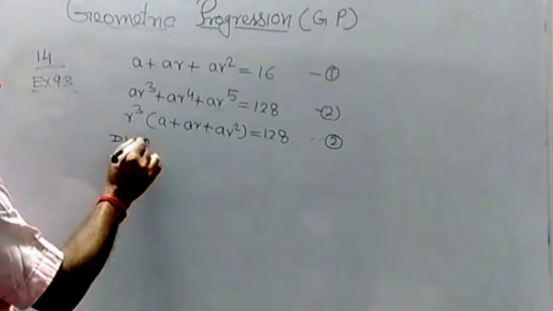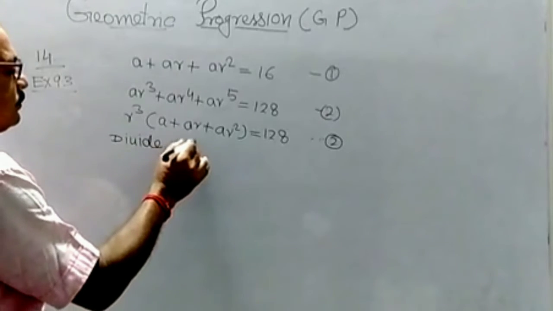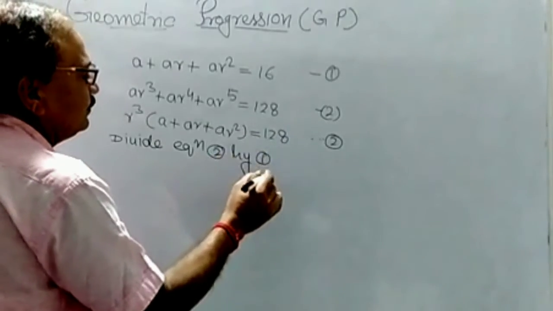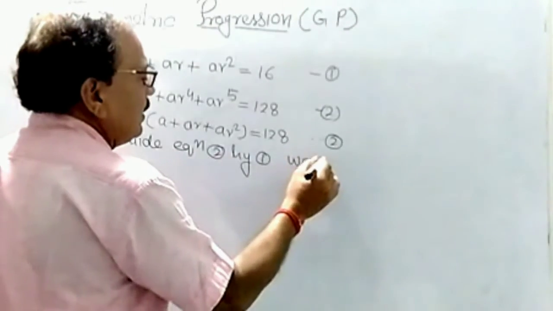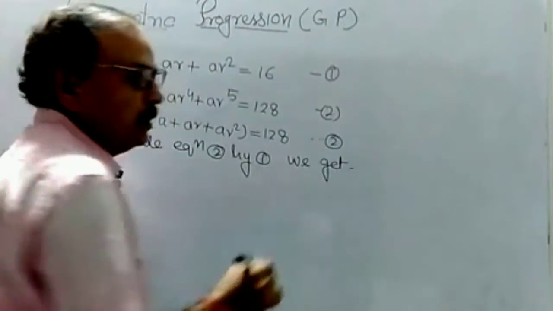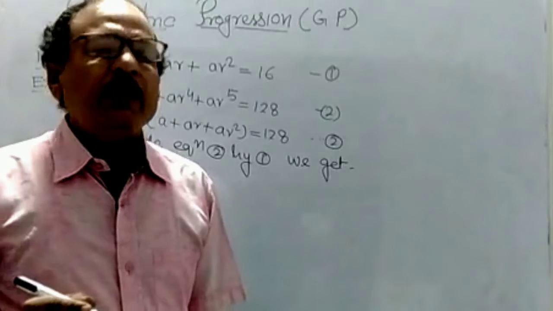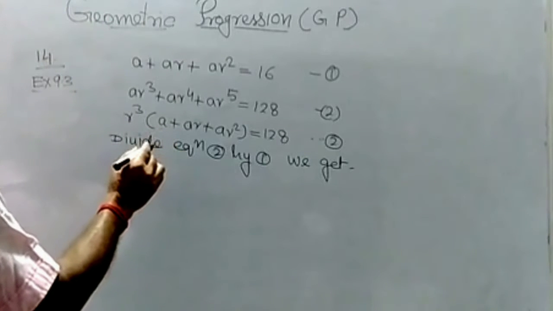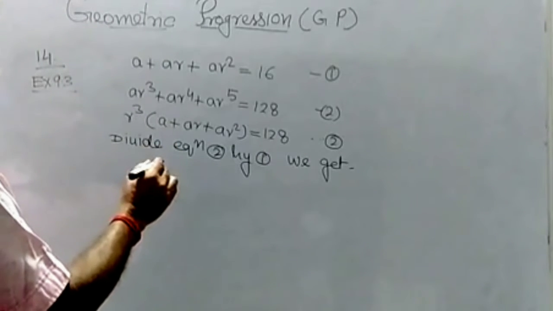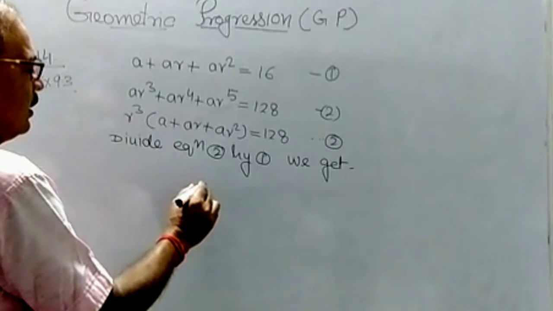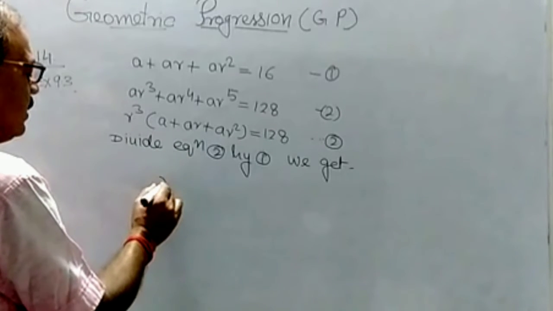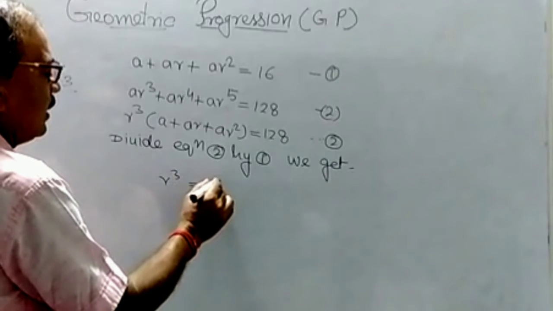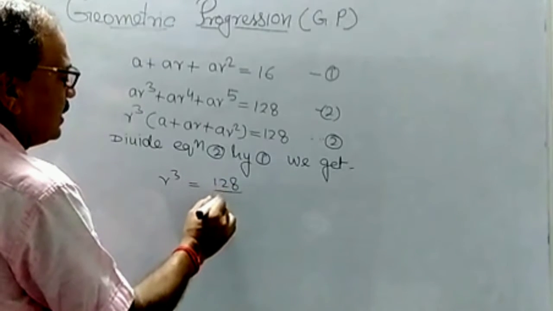Divide equation 2 by 1, we get R cube equal to 128 by 16.